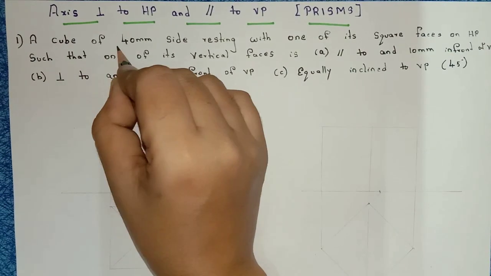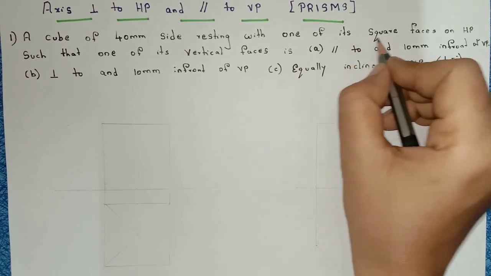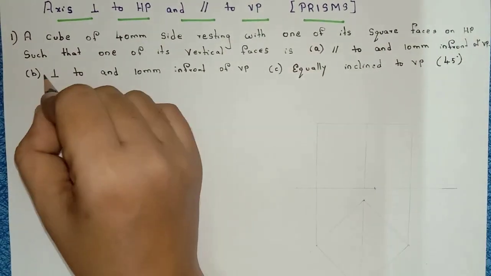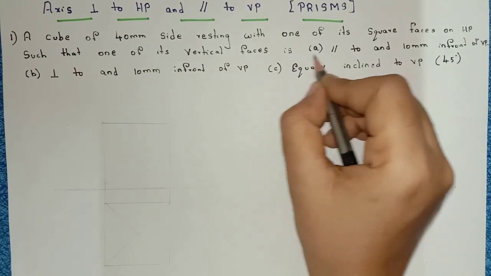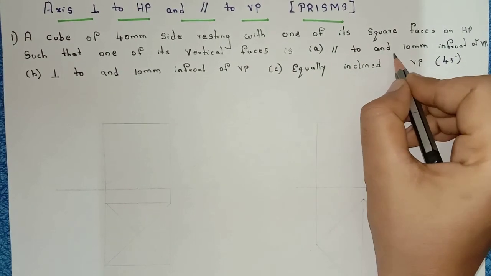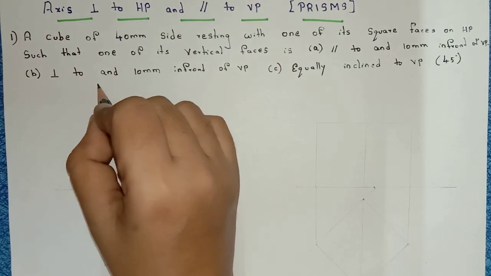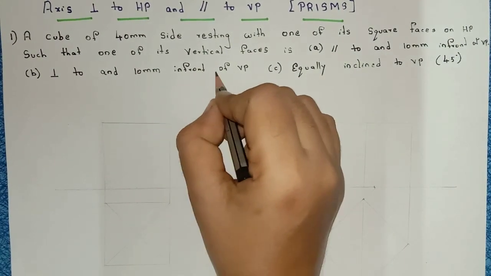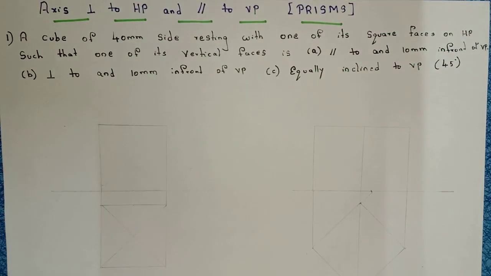A cube of 40 mm side resting with one of its square faces on HP such that one of its vertical faces is: A, parallel to and 10 mm in front of VP; B, perpendicular to and 10 mm in front of VP; C, equally inclined to VP.